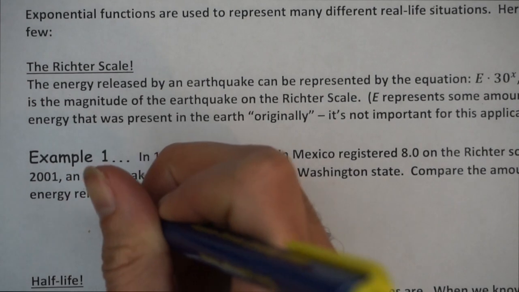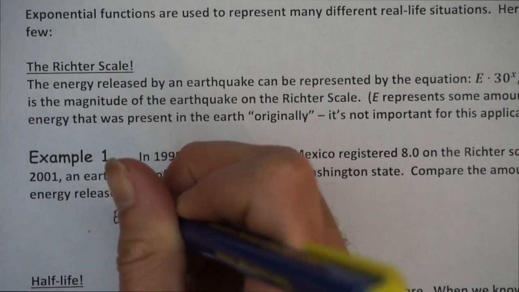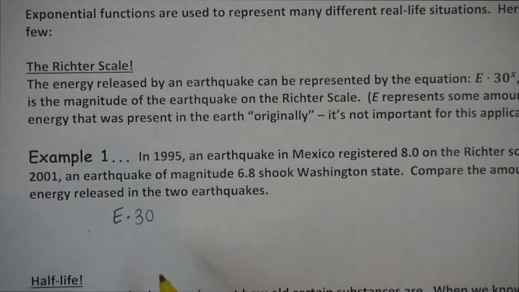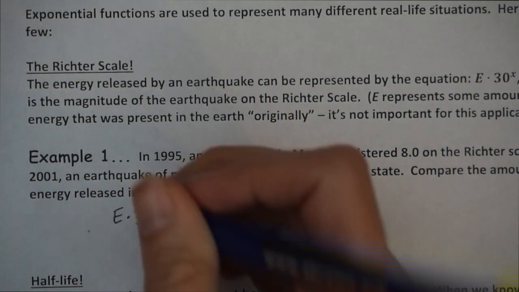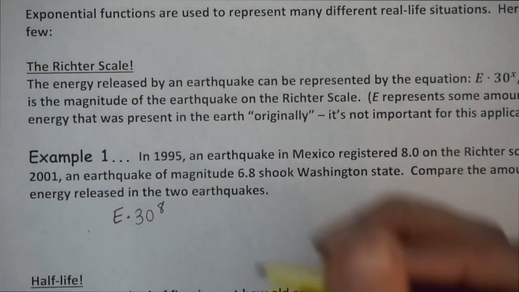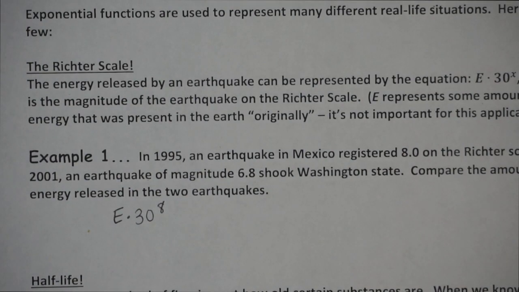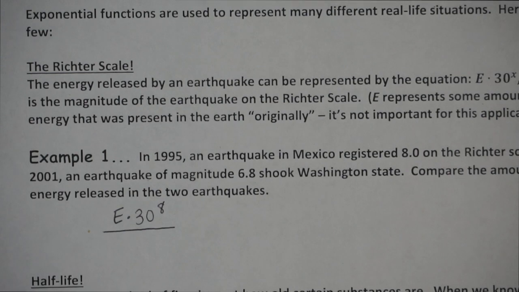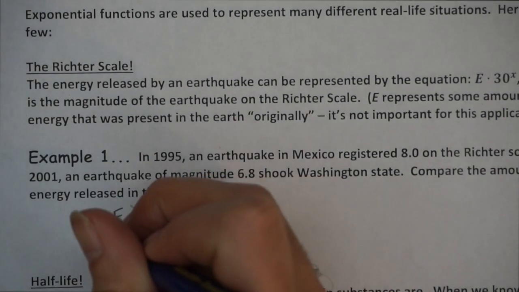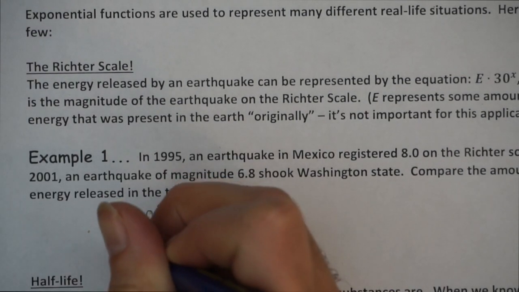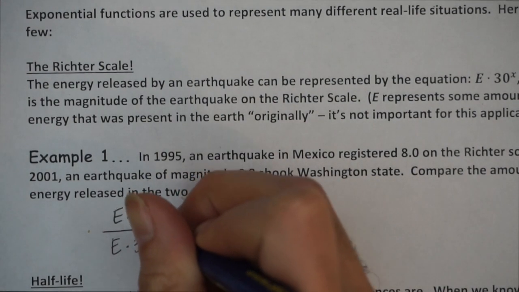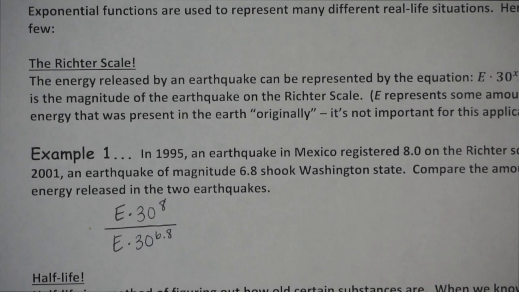Remember, the equation is E times 30 to the power of x, and the x represents the magnitude. So the Mexico one was an 8.0, or basically to the power of 8. And then we're going to put that on top of the equation for the Washington one, which was E times 30, and on the Richter scale, it was a 6.8. So 6.8 is the exponent for that one.